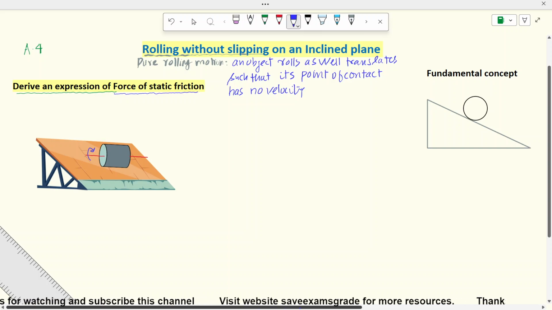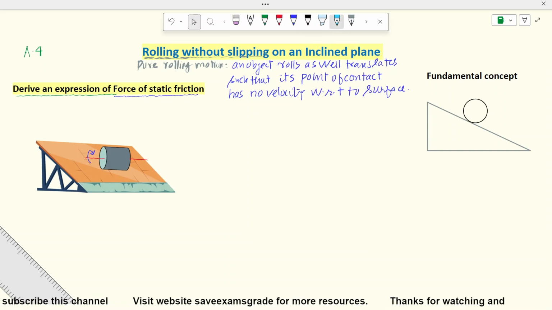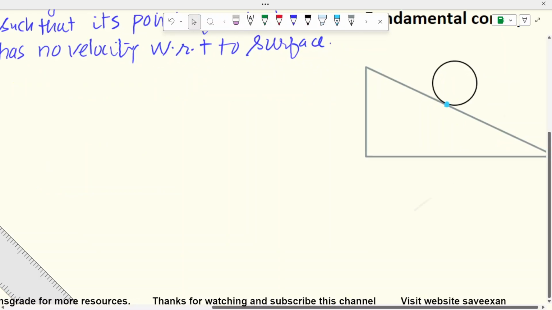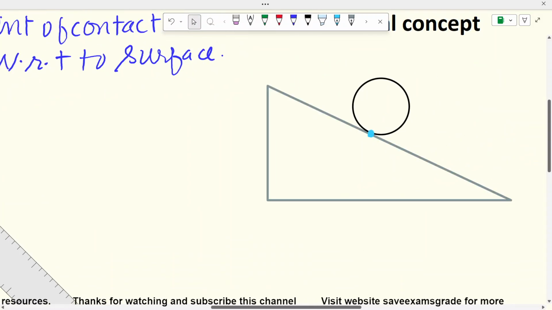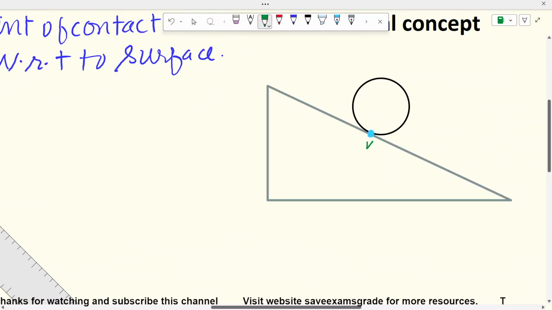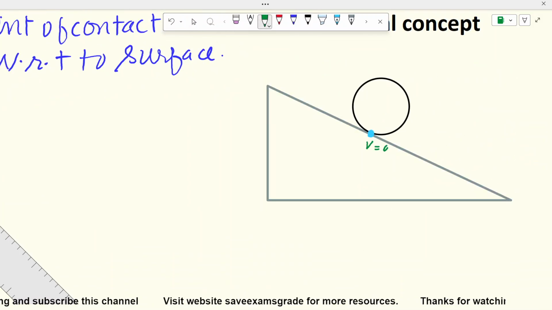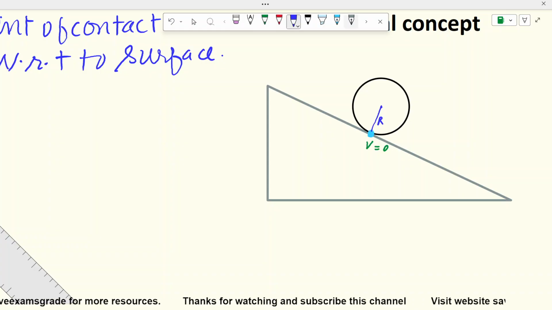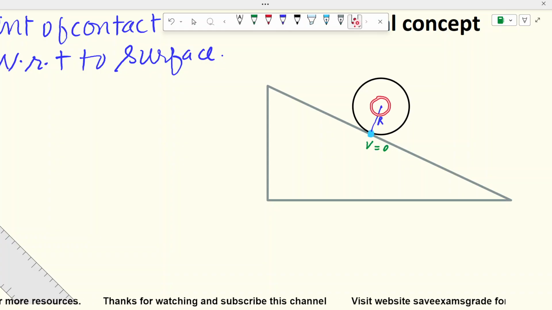Dear students, let us see this diagram to understand. This is the point of contact. At this point of contact, the velocity relative to the inclined surface is zero, whereas this is the center, and this is the radius. We can also call this the center of mass.